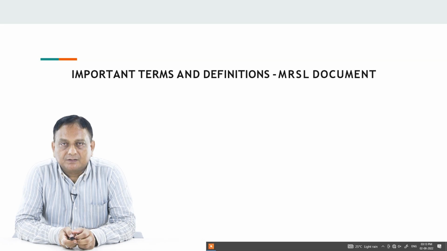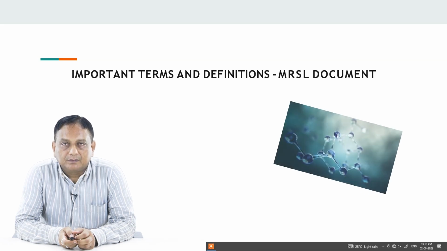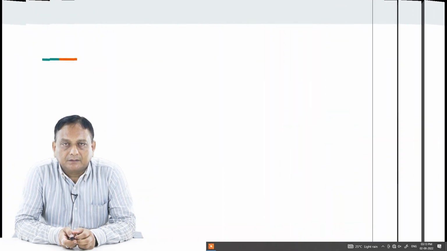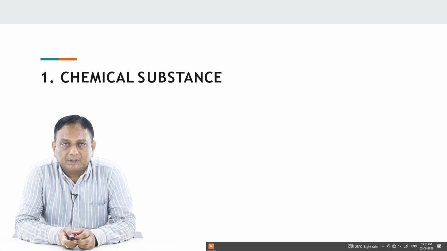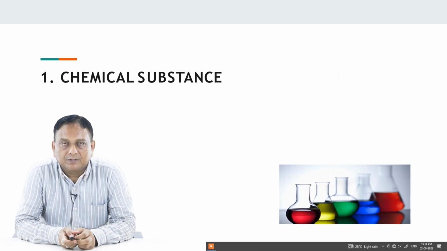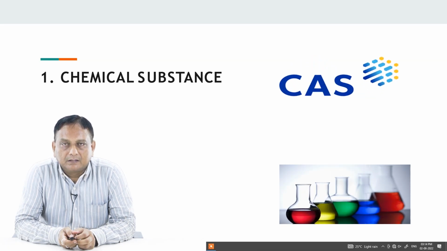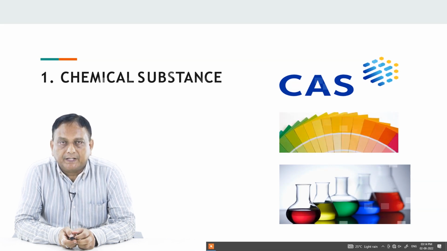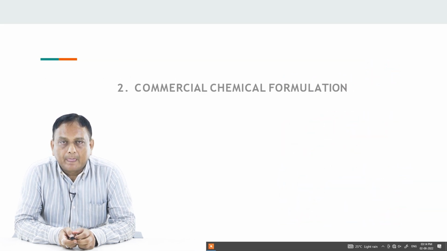Important terms and definitions of an MRSL document: there are many items available. Number one is the chemical substance. We have to know the chemical which is used. The CAS number, the Chemical Abstracts Service number, is very, very important to detect that chemical group.